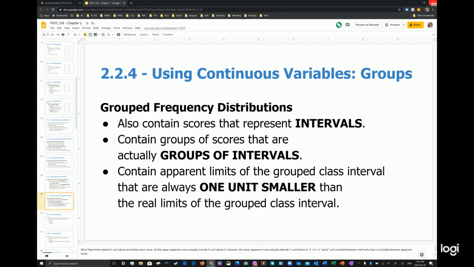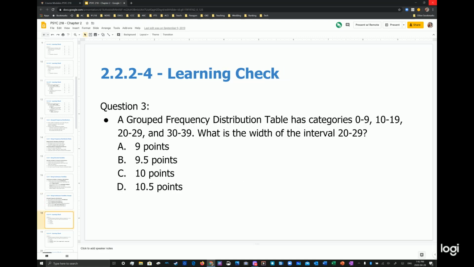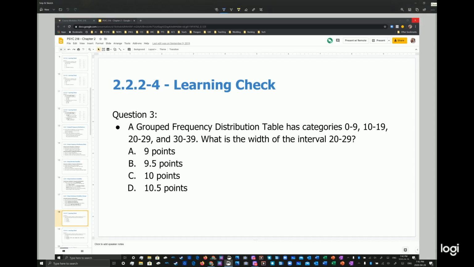According to the rules, the apparent limits of the group class interval, the interval that you see here, the width of this particular interval that you see, that's why we use the word apparent, is 1 less than the real limit. So here, if you count 20, 21, 22, 23, 24, 25, 26, 27, 28, and 29, there are 10 numbers in there. So that's the width of the apparent limit.